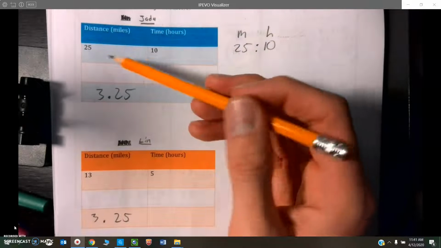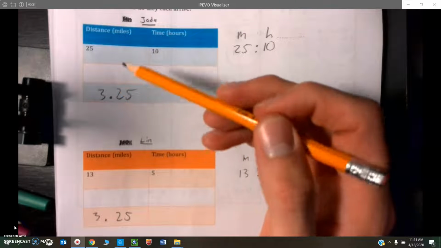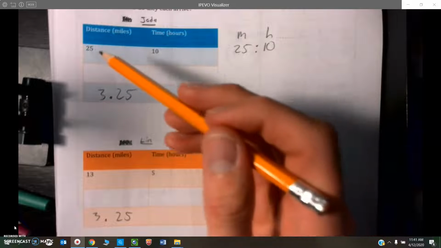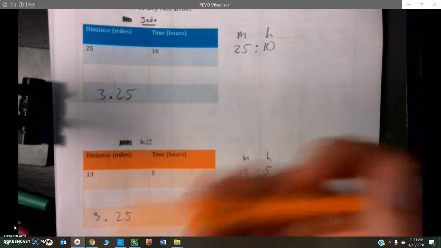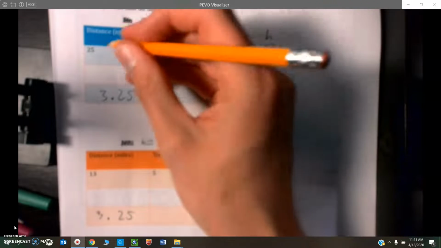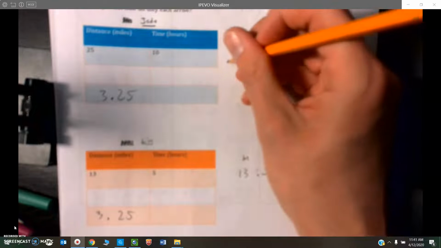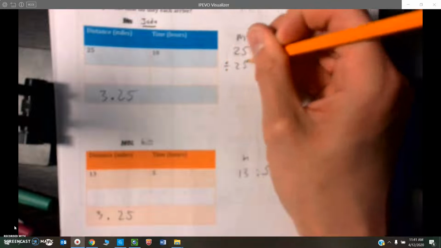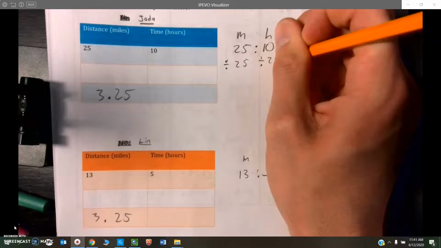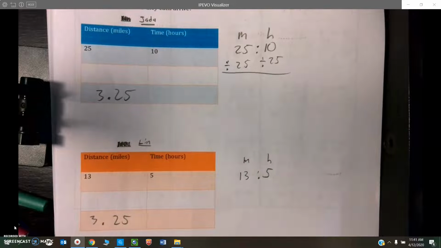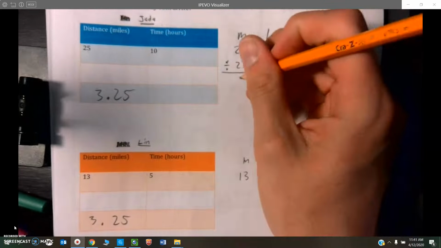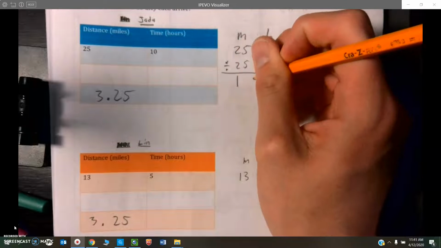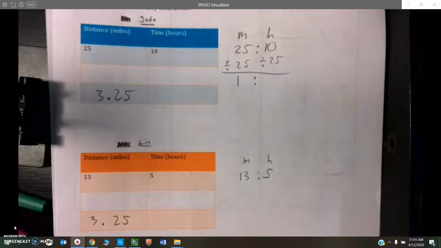Since I'm working mainly with the miles, that's what I'm going to want to turn into 1. So to turn 25 into 1, you need to multiply both sides by 25. Or sorry, divide both sides by 25. And that's 1 mile.